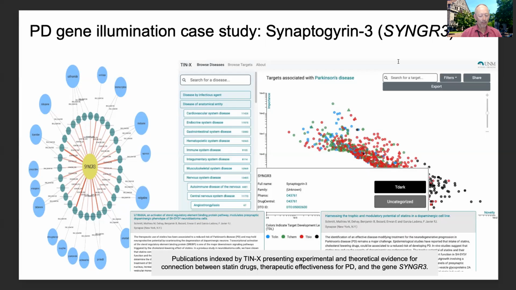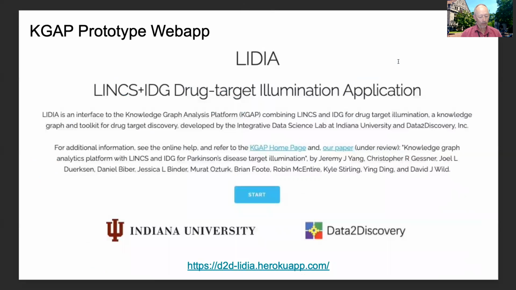One high-ranking but understudied gene, Synaptogyrin-3, was manually investigated further by the molecular biologist on our team, Jessica Binder, as a case study and plausible new drug target for Parkinson's, based on published experimental and theoretical links with statin drugs.